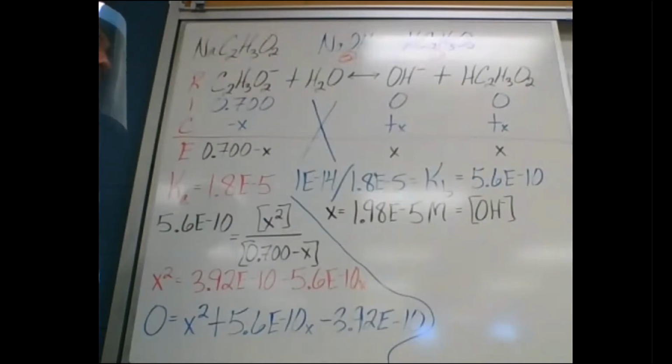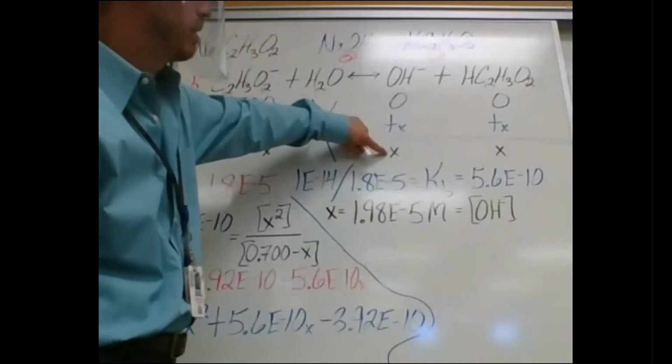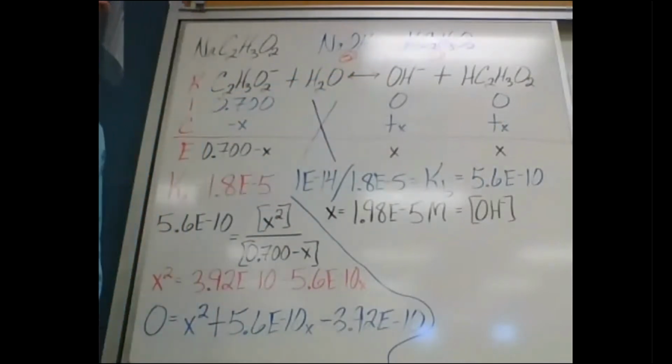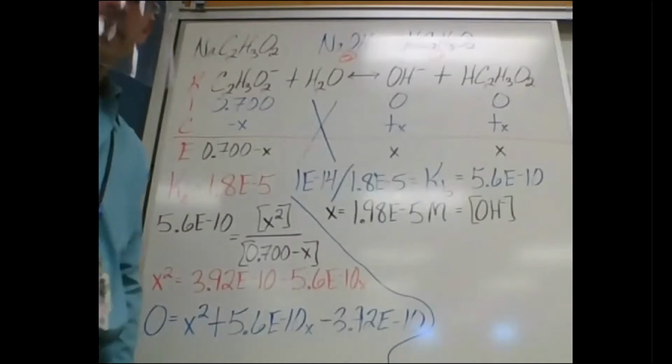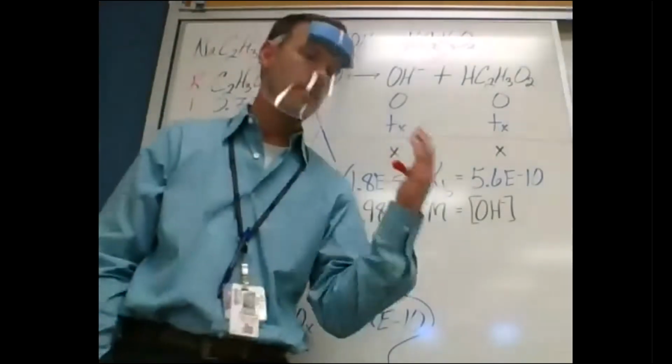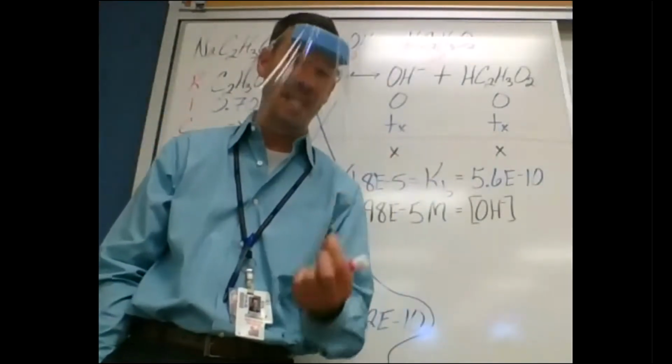I get 1.98 E negative 5 molar, which is the value of X, which also happens to be the value of hydroxide. So we've got some baby calculations left to do because that's a hydroxide concentration. The question specifically asks for pH.